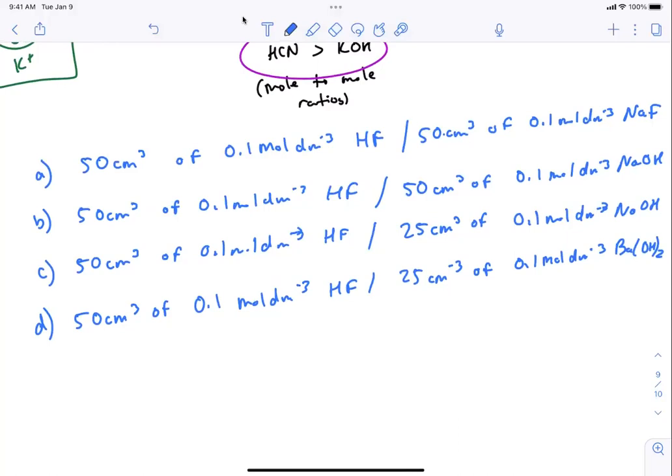On the test it'd probably be a multiple choice where only one is right, but I want to tackle a couple different birds with one stone. On the last one, I wrote 25 centimeters negative 3. It should just be centimeters cubed. A lot of things are changing, which we're going to talk about. Sorry, I'll give you all a second to write this stuff down.